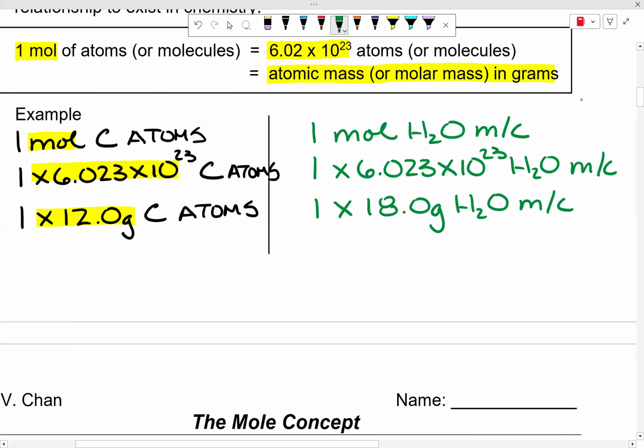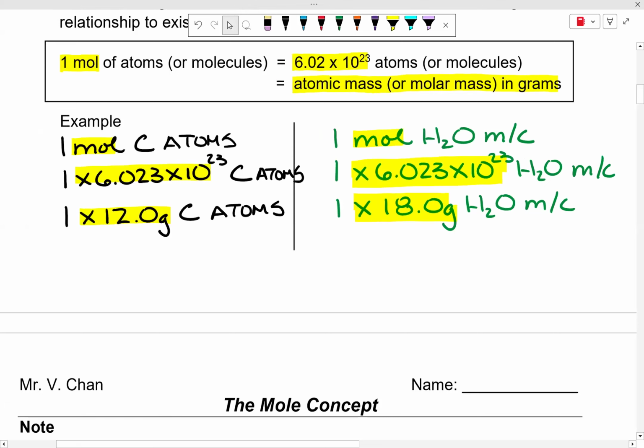Now notice 1 mole is equal to 6.02 times 10 to the 23, and in this case, it's equal to the mass of 18 grams of H2O.